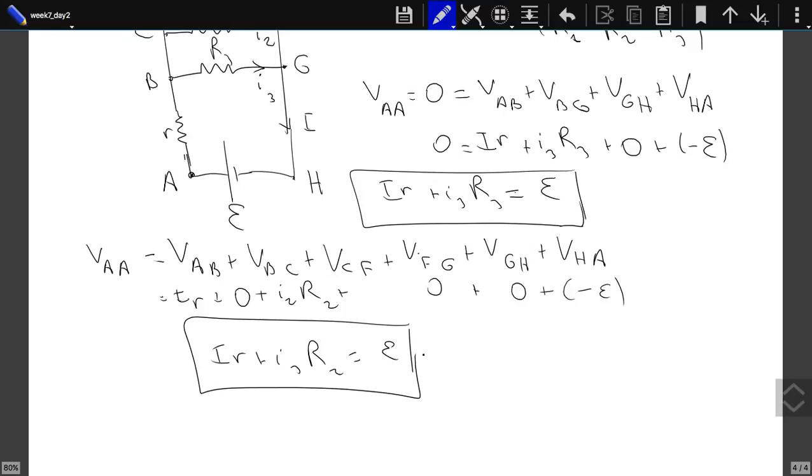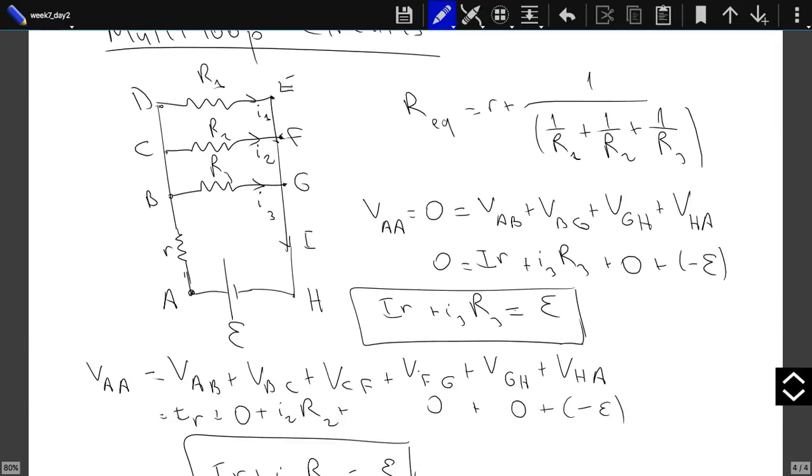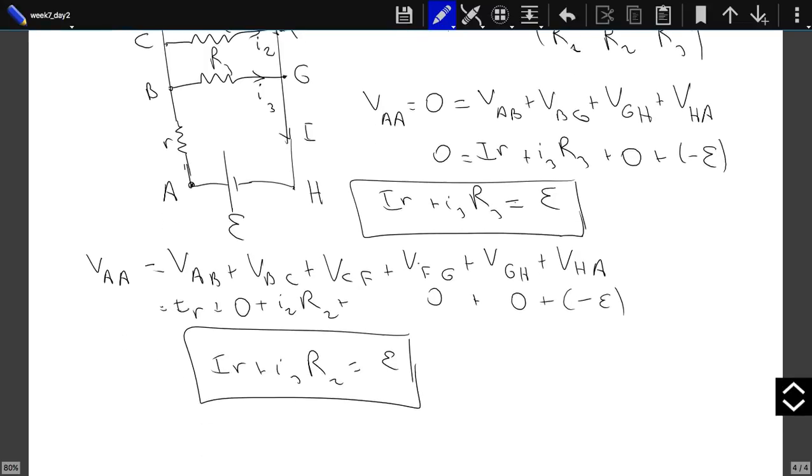This is the second equation. We still need 2 more. Again, I can look at VAA.